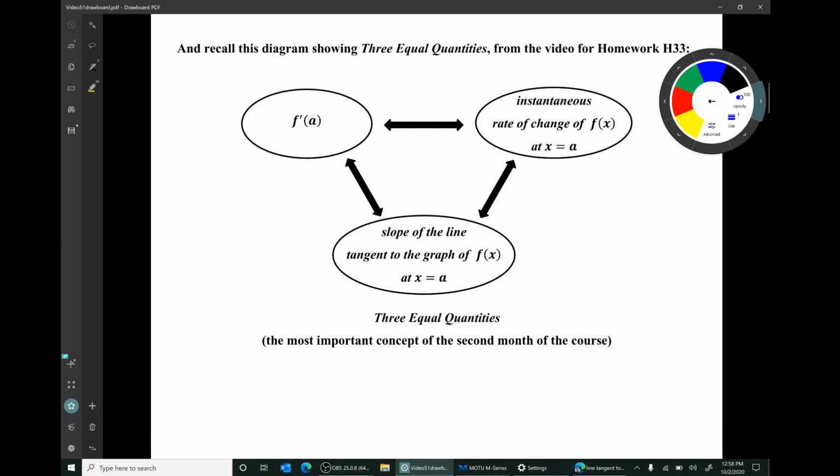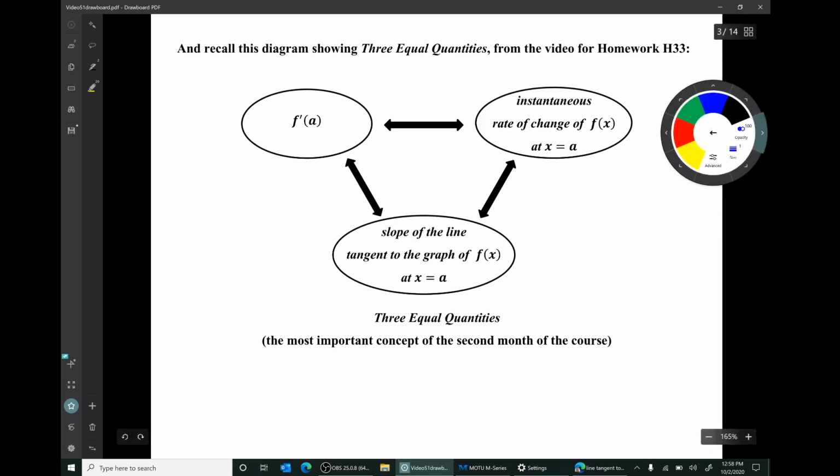Also remember this diagram showing three equal quantities from the video for homework 33. At the time, I mentioned that this was going to be the most important concept for the second month of the course. I have neglected to actually review this diagram in videos since then, but we have been using this idea many times.